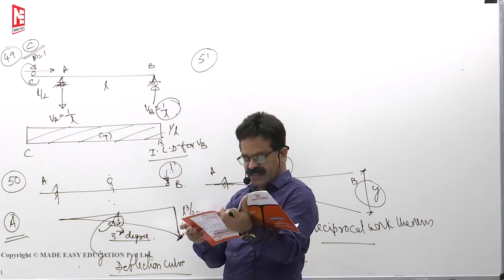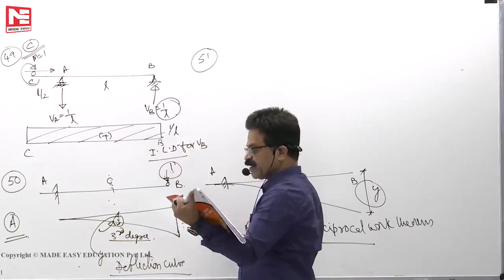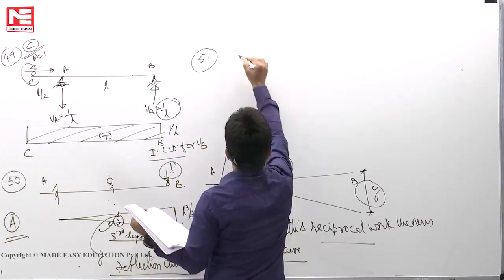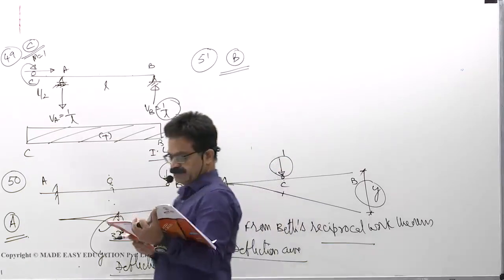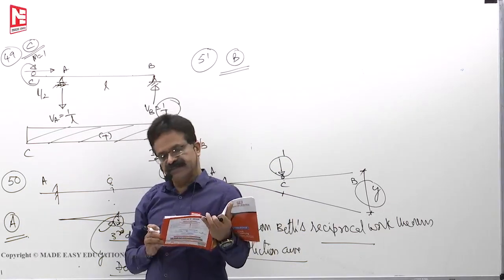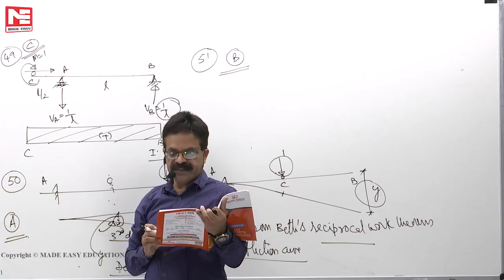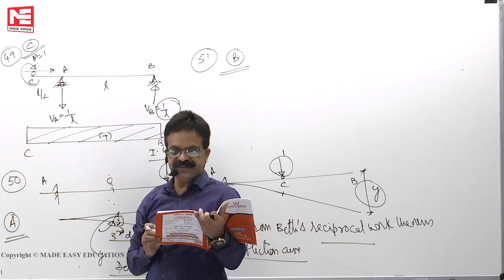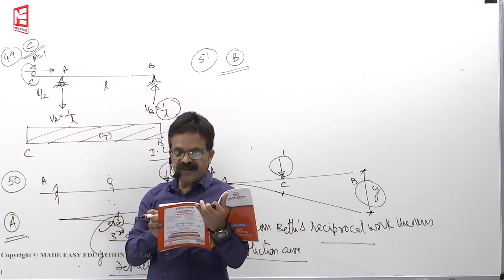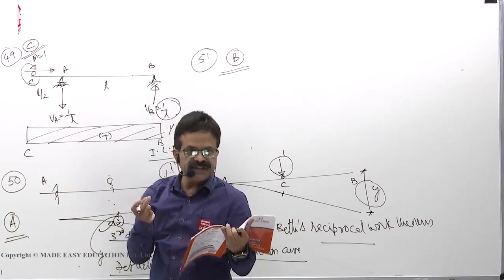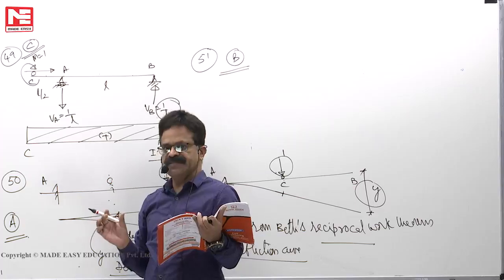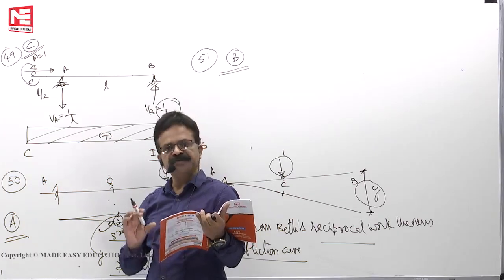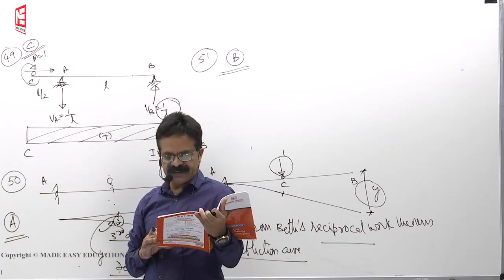So B is the option. The reason is correct, but it is not the correct explanation for the assertion, which comes from Maxwell's reciprocal displacement theorem or Bette's reciprocal work theorem.